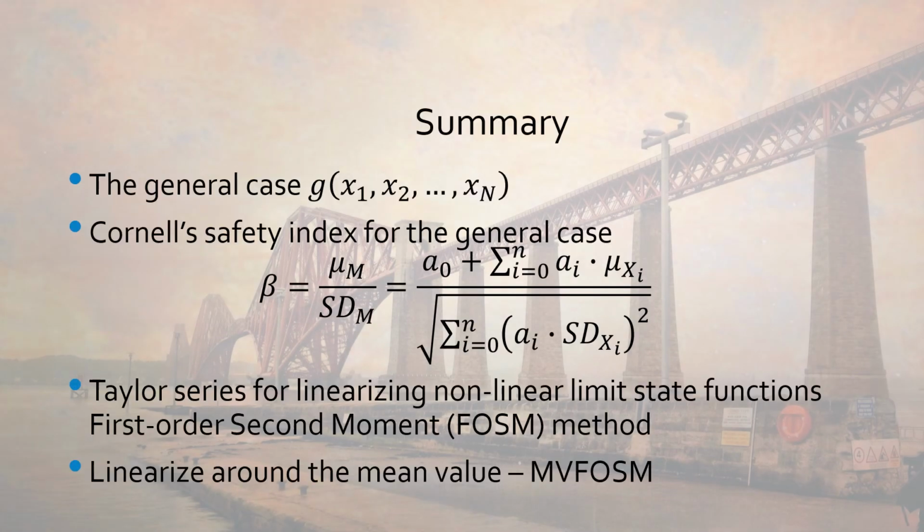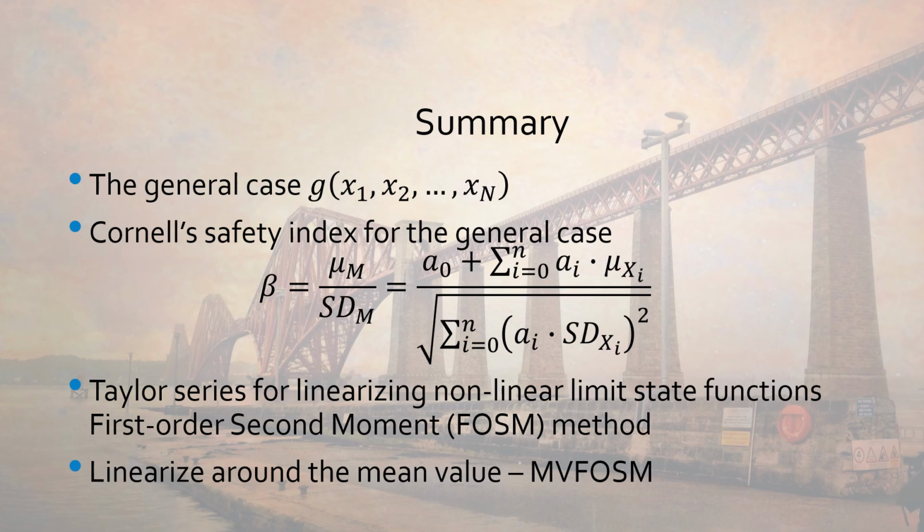So in this lecture we have shown the general case of the limit state function g and the Cornell safety index for this limit state equation. We have further shown that Taylor series can be used to linearize nonlinear limit state functions.